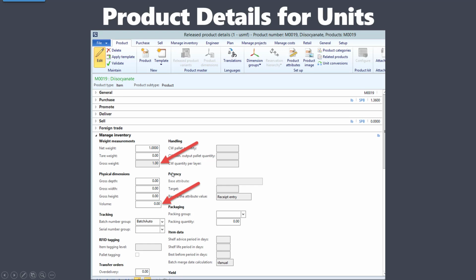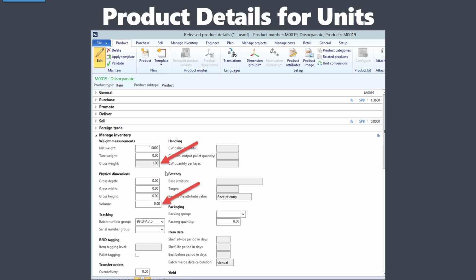So, and where it comes from is, notice your gross weight here. So we're saying it's one of something. So whatever relationship you have there, so it's 1 pound is what we're saying for this unit. So this unit itself would allocate 3 cents per.